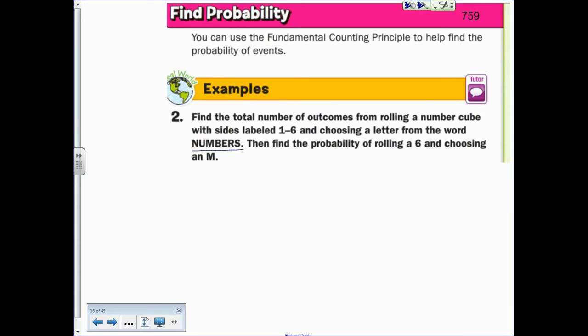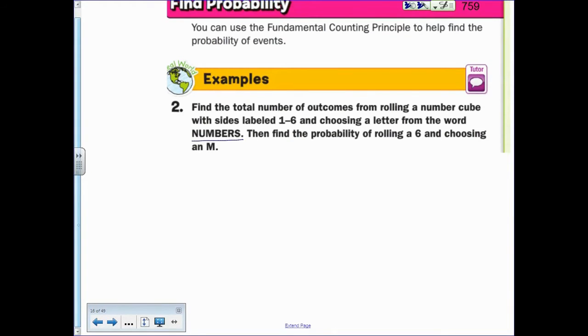Then find the probability of rolling a 6 and choosing M. Well, first we have to find out how many possible outcomes there are. The cube has 6 sides on it labeled 1 through 6, so there are 6 possible outcomes from that.